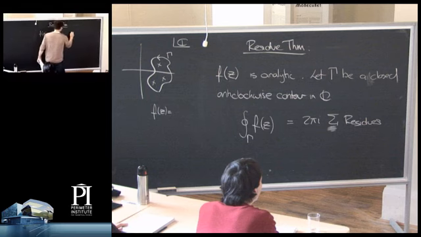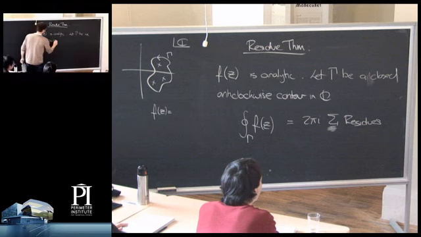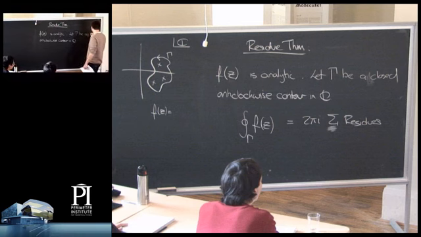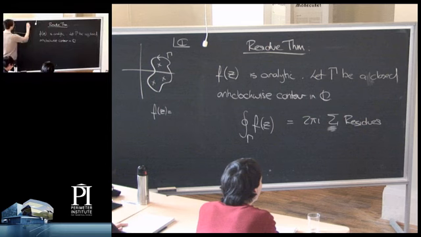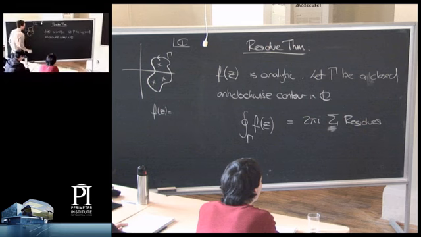Right, so the statement is that, let gamma be a closed, anti-clockwise contour in C. So here's C, and I pick some contour gamma, which is anti-clockwise, which goes that way. And f of z is some function over the complex plane.